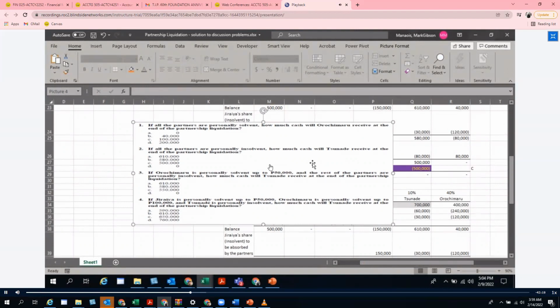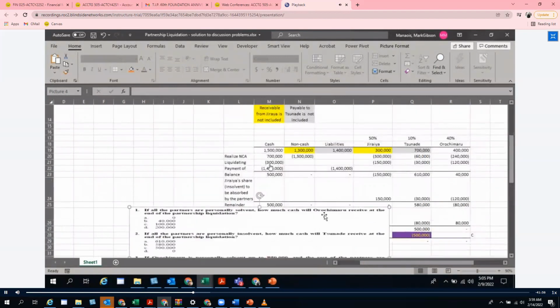If there will be, sabihin natin na debit balances in their capital accounts after asset realization and after payment of the liquidating assets and also after settlement, no, to third party creditors, no?